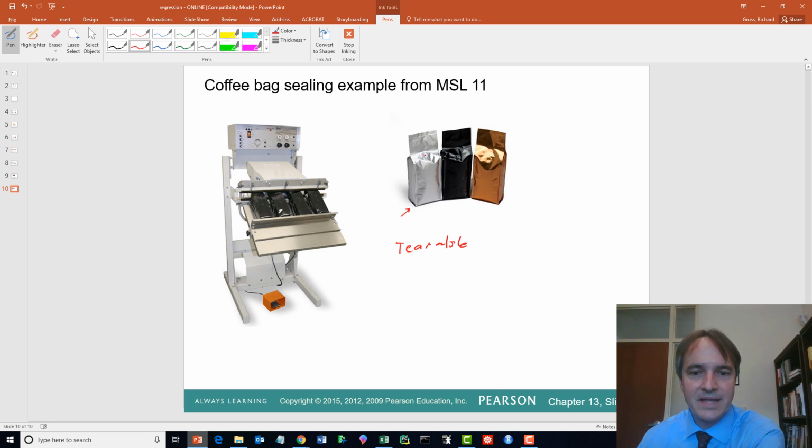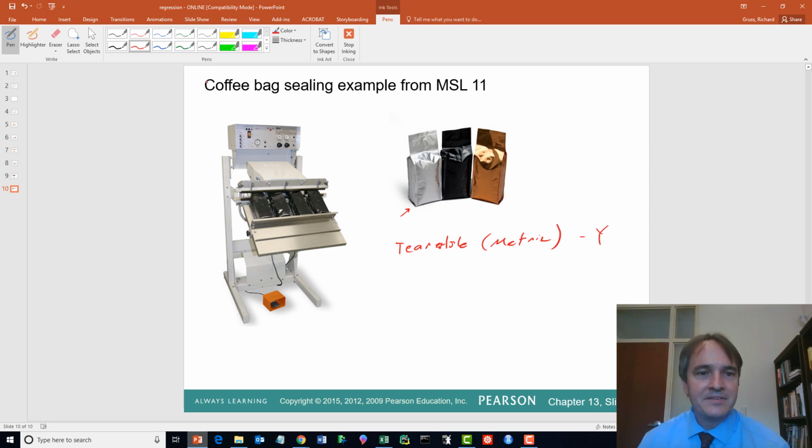Okay, the plastic liner inside this foil packaging. So how tearable it is, it's some kind of metric. Okay, so that's one thing. We want to predict the tearability. Okay, so this will be our y.